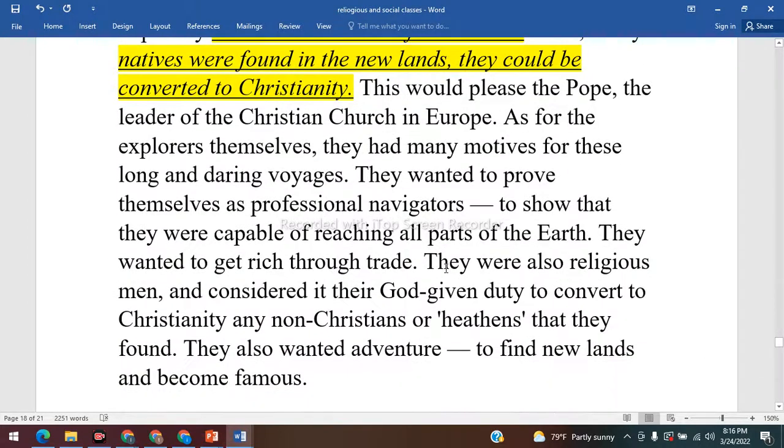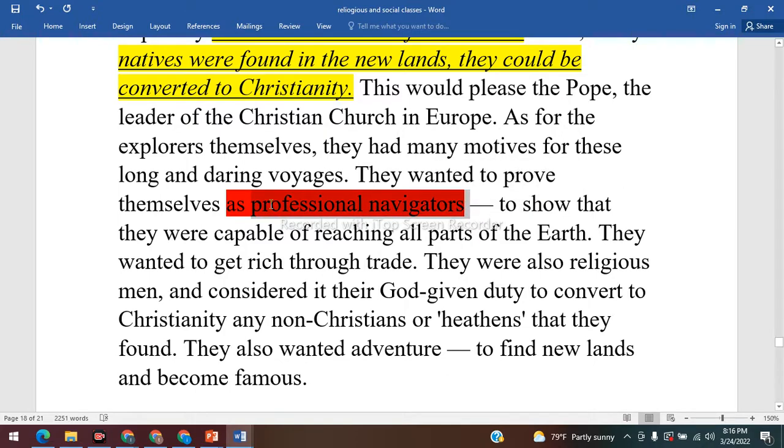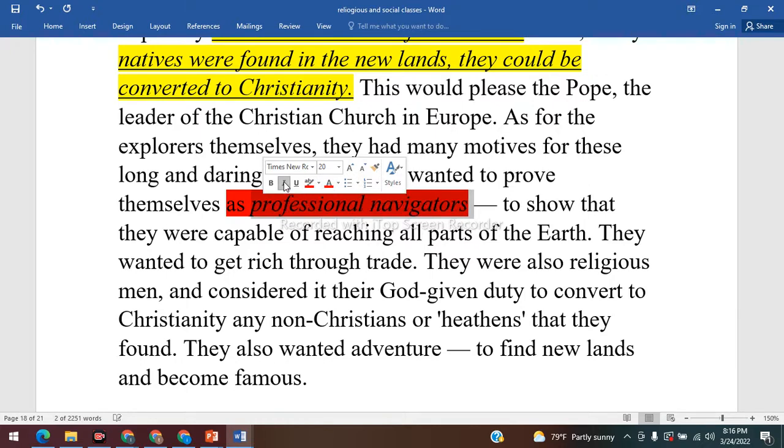But when it comes to the navigators themselves, the persons who are actually going, the explorers, the reason they wanted to go on these voyages was to prove themselves as professional navigators. So they basically wanted to show off, with an "I am the greatest" mentality.